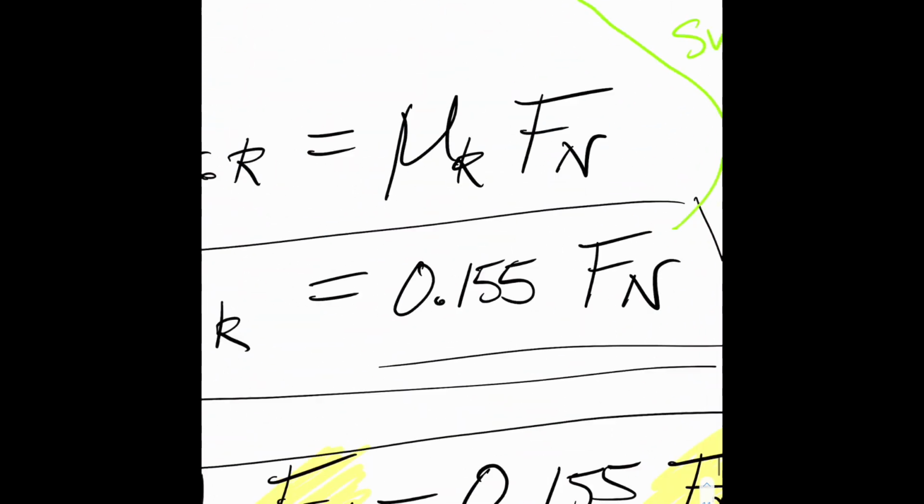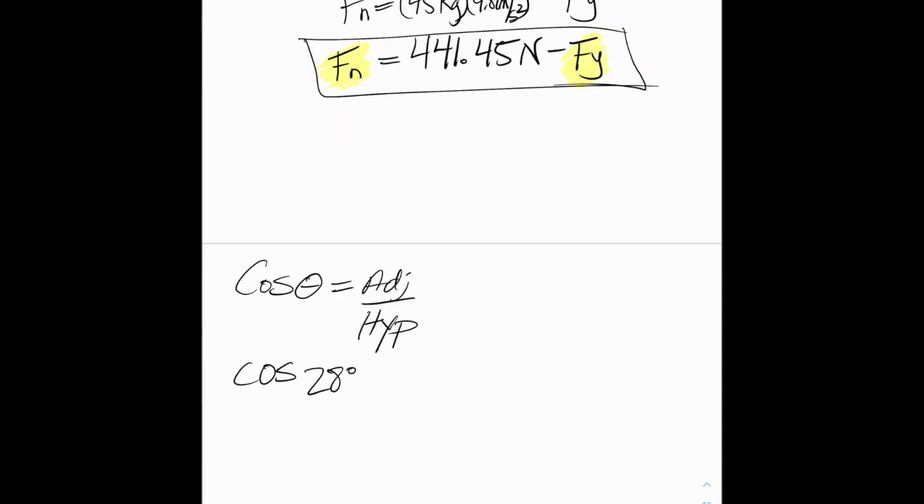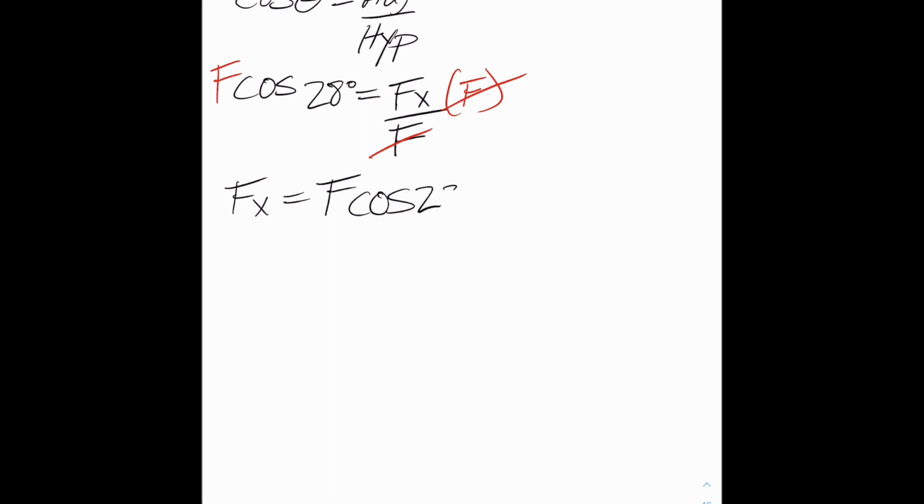So cosine of alpha, should have written that instead of theta, but oh well. Cosine 28 is equal to the adjacent, which is Fx, over the hypotenuse, which is F. And if we solve here for Fx in terms of F, I'll just multiply both sides by F, we see Fx is equal to F cos 28.